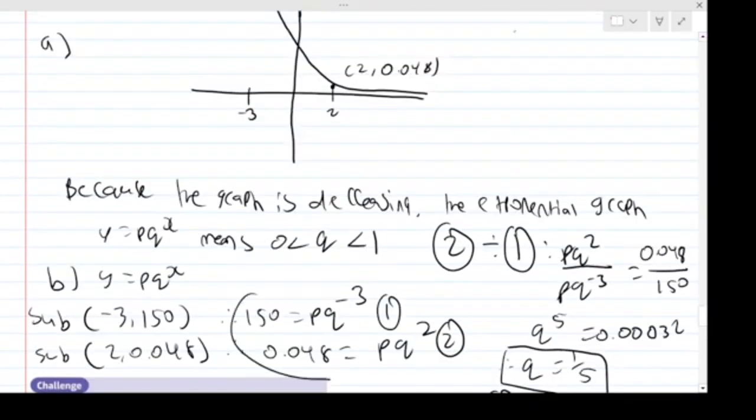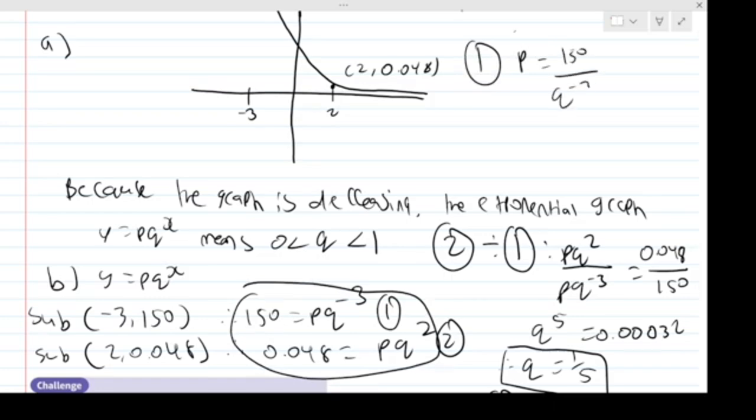Again, alternatively, you could have substituted directly. So we have these two equations, right? So we could have rearranged, let's say, the first one. So then P would be 150 divided by Q to the minus 3. Well, actually, that's 150 Q cubed. So then you could substitute that into the second equation.